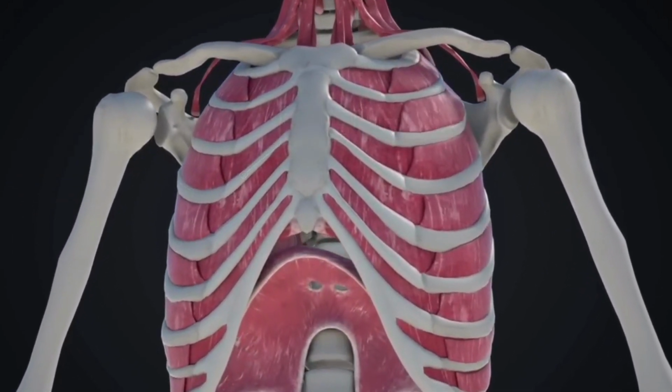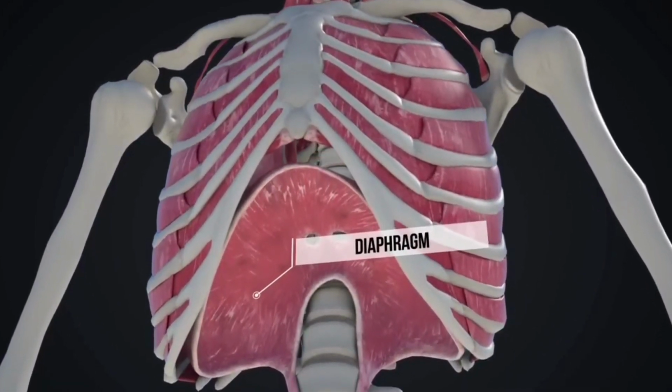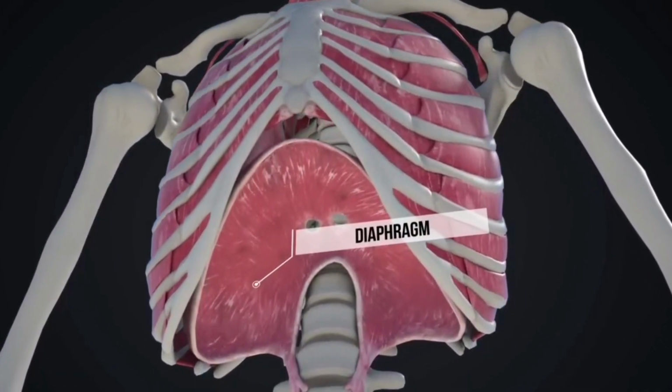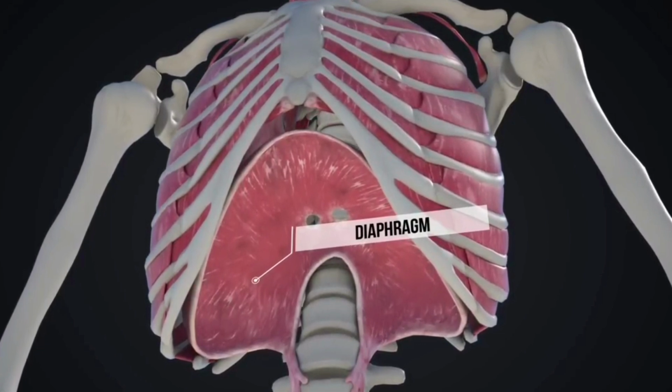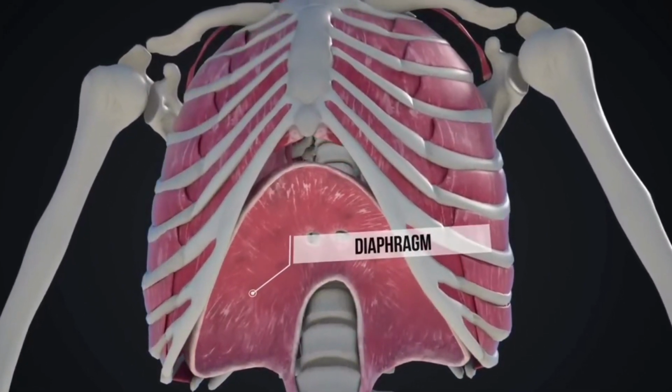However, the most important muscle of respiration is not found in the neck or chest area, but near the abdomen. The thoracic diaphragm, or simply diaphragm, is responsible for most of the work of breathing.